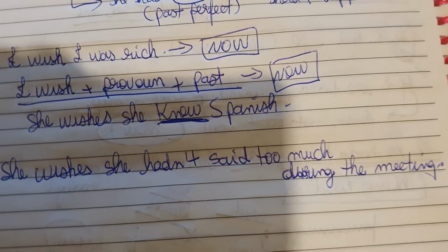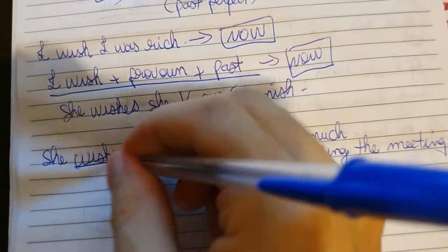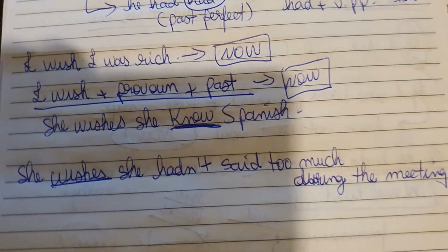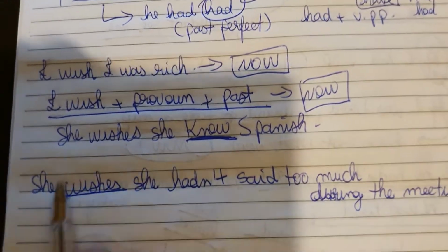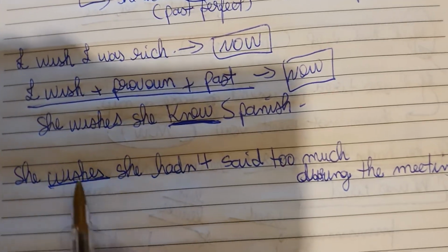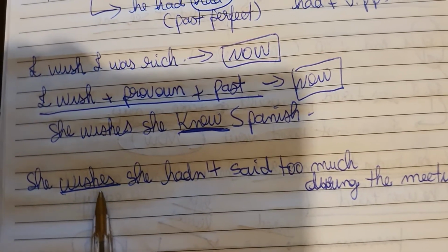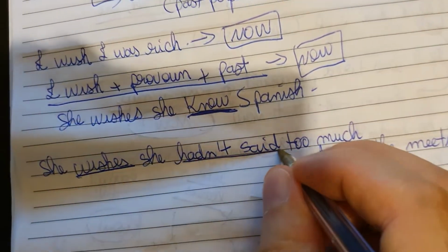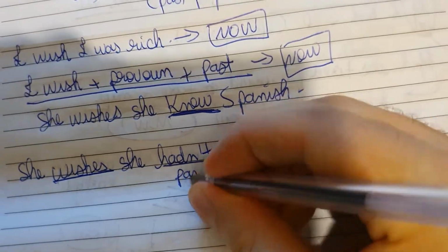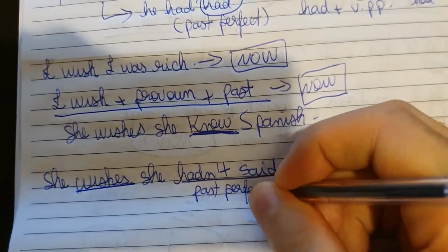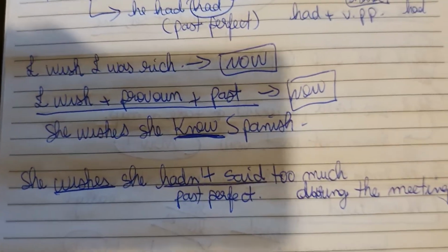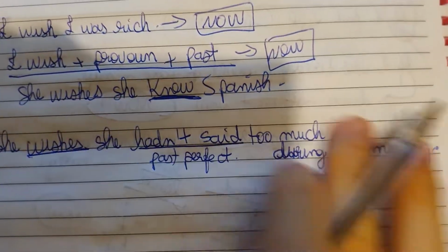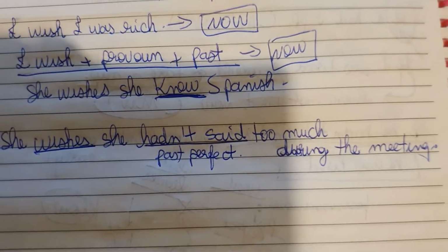So let's understand something. It's a little confusing sometimes, I know, but you will get used to it. She wishes, you see, it's in the present. Here we have the past perfect. Let me finish explaining this, then I will make the comparison.